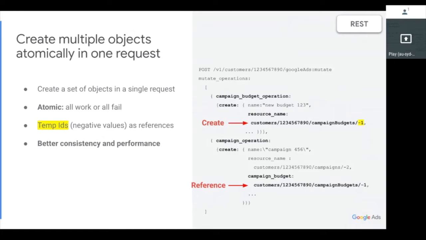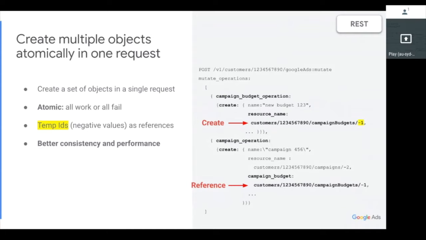So you will not end up in a strange situation when you are trying to create a campaign budget in order to be used in the campaign operation creation, but somehow when you're trying to create the campaign operations, an error occurs and then you cannot create any campaigns at all.